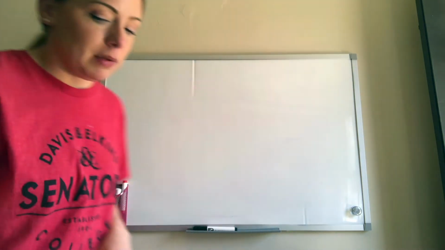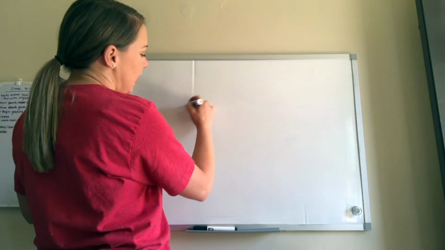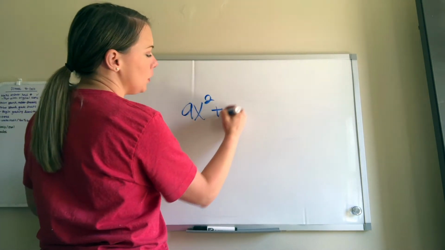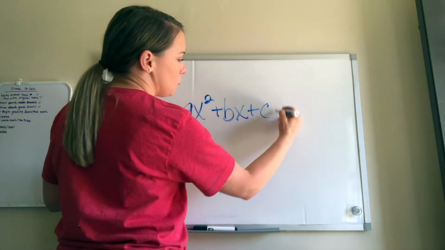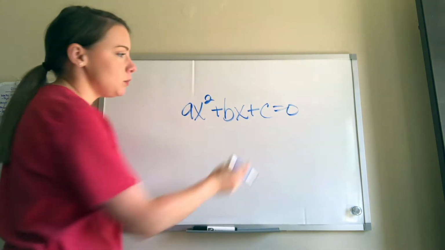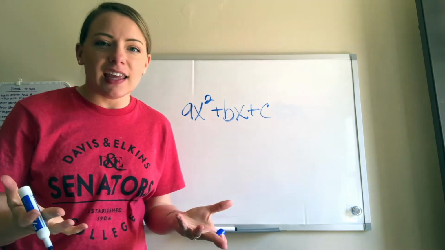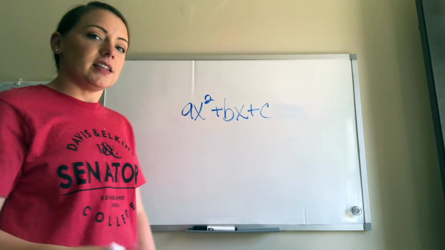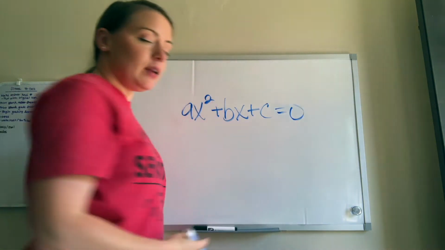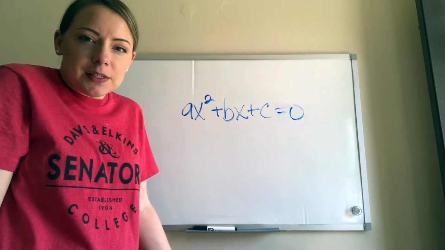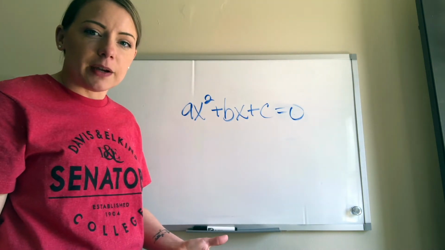Let me show you what I mean. If I had a polynomial, usually it's represented by this form, and it's not yet an equation. But if I said it was equal to 0, now it's an equation, and it's also a quadratic equation.